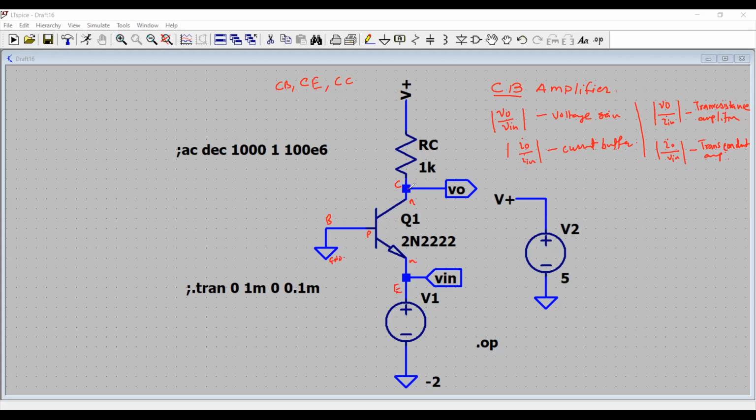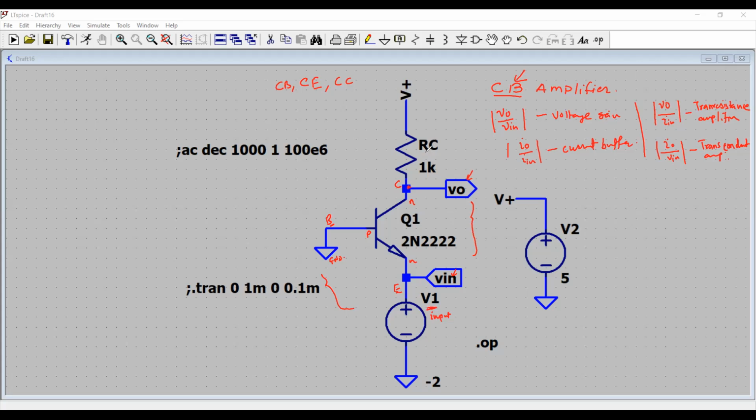The collector is the point where I will take my output, and the emitter is the pin where I am going to apply an input voltage, as shown right here. I call it Vin. Since the base is common between the input part of the circuit and the output part of the circuit, I am calling it a CB, common base configuration.